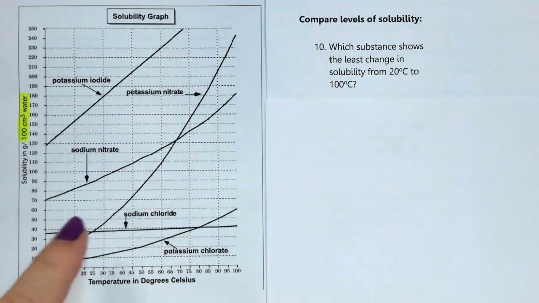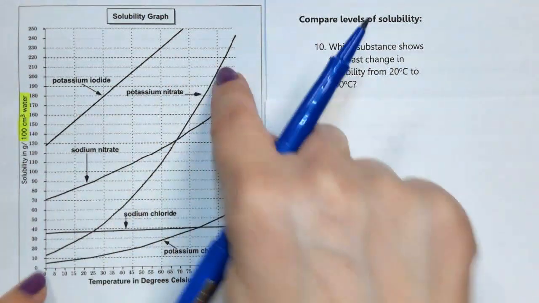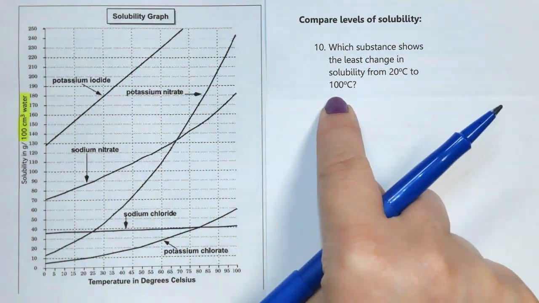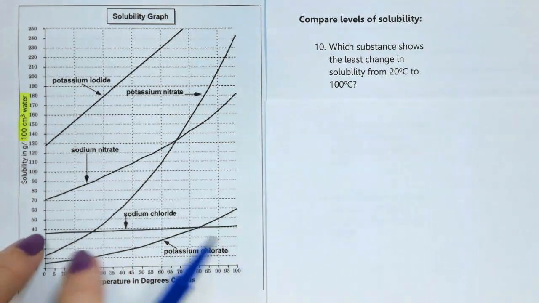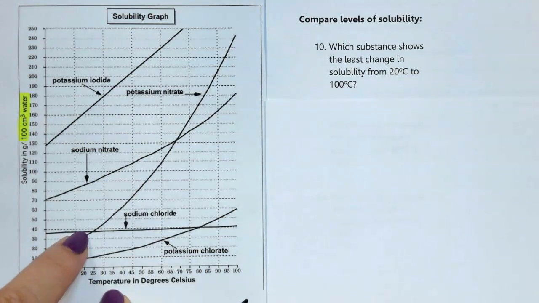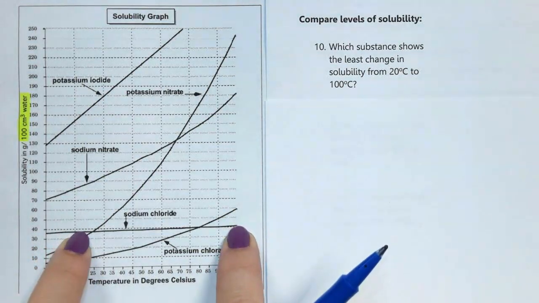So number 10, which of these shows the least change from 20 to 100 degrees? Honestly, you're looking at the thing that has the least difference between how much can dissolve at 20 and how much can dissolve at 100.